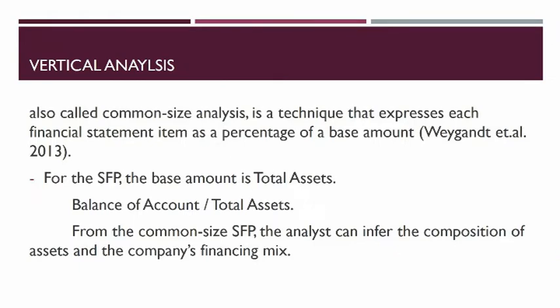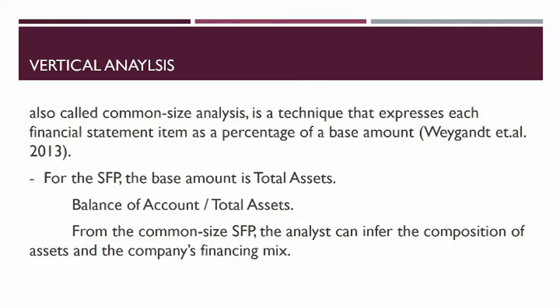For the SFP, the base amount is always the total asset, and you can get the percentage by dividing the balance of the account by the total asset. For the common size SFP, the analyst can infer the composition of assets and the company's financing mix.